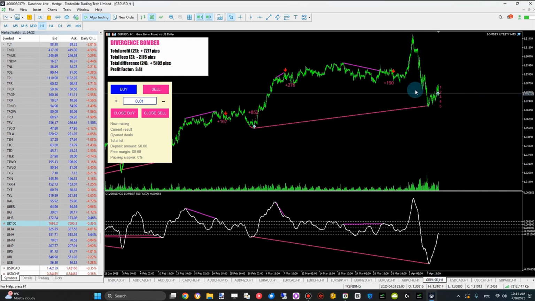Let's look here. This is what I was talking about. The line returned to the analysis area, and the indicator shows us that a divergence has occurred. The divergence occurred right here. We have a local minimum here and a local minimum here, and they differ from each other. Here the slope is upwards, here the slope is downwards.